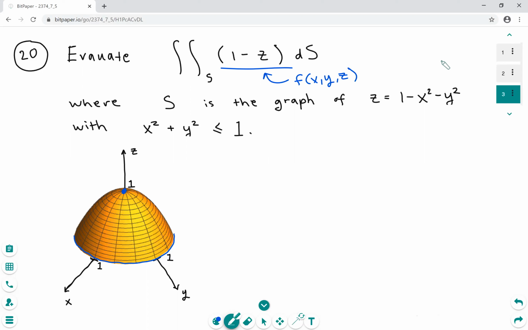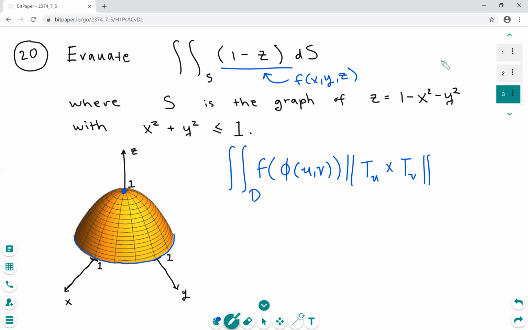And in order to compute the surface integral, we're actually going to first have to come up with a parameterization of S, and then we're going to use the formula which was shown last time: the double integral over D of f of phi of uv, where this phi of uv is our actual parameterization of the surface S, multiplied by the size of the normal vector, Tu cross Tv.